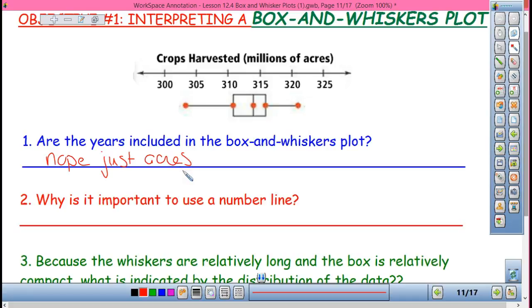Why do we need to use a number line? Anybody? Want to take a stab at it? What do you think we use to cover that? It doesn't make it any easier.